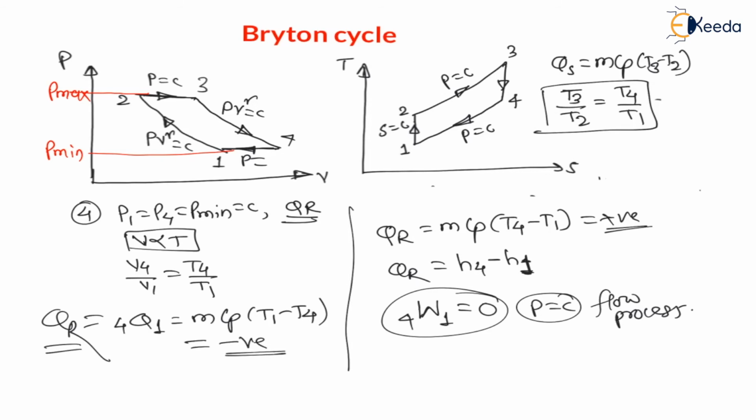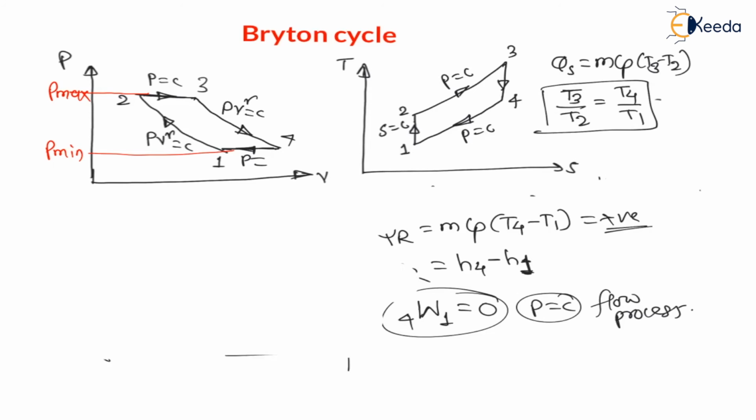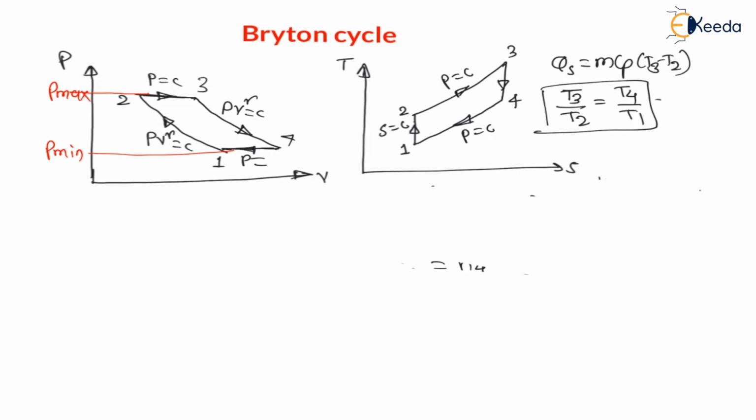Now my dear students, let us apply the first law of thermodynamics for this cycle. As per the first law for any cycle, which you have already learned in the basic thermodynamics topic, the cyclic integral of heat is equal to the cyclic integral of work.